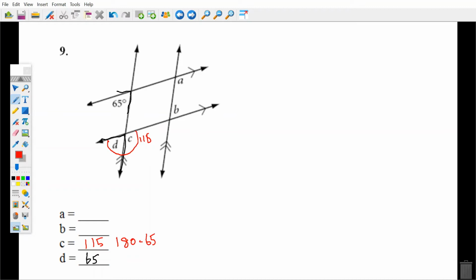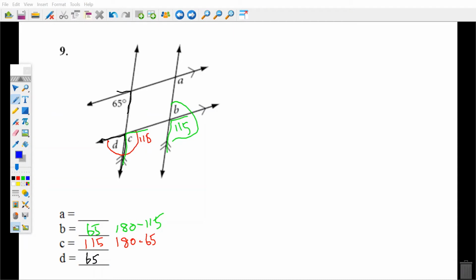Angle C, let me use a different color here. Angle C and this angle right here are corresponding, so they would be the same shape. This would be 115, and then 180 minus 115 for B would be 65. Let me find a new color here.